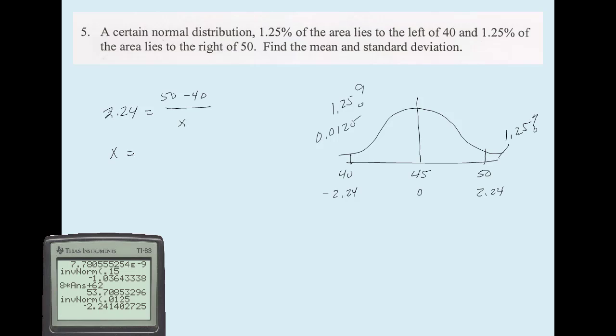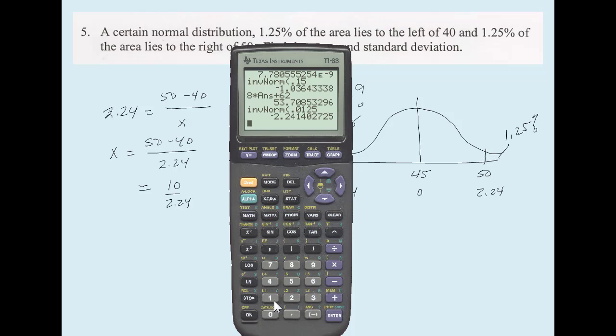So x is going to be equal to 50 minus 40 divided by 2.24, which is 10 divided by 2.24, which is equal to 4.46.